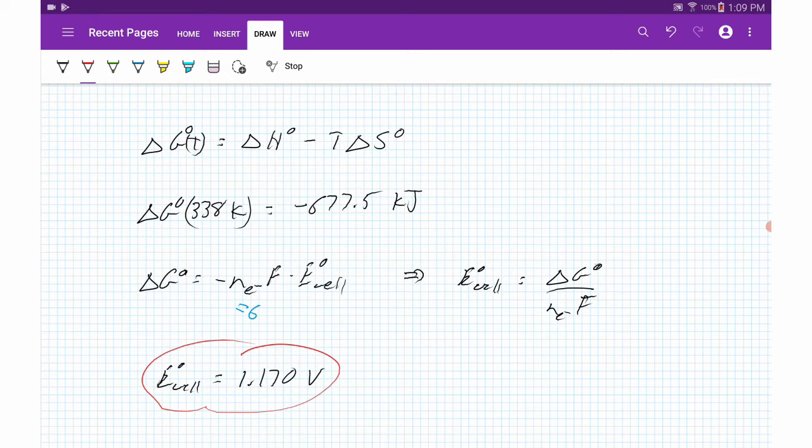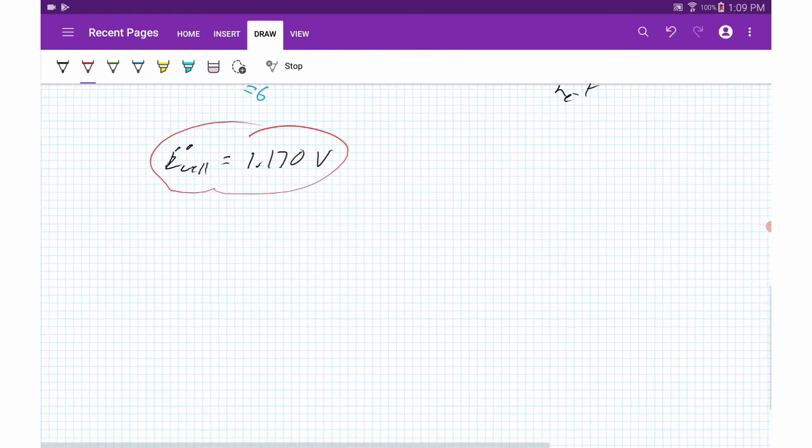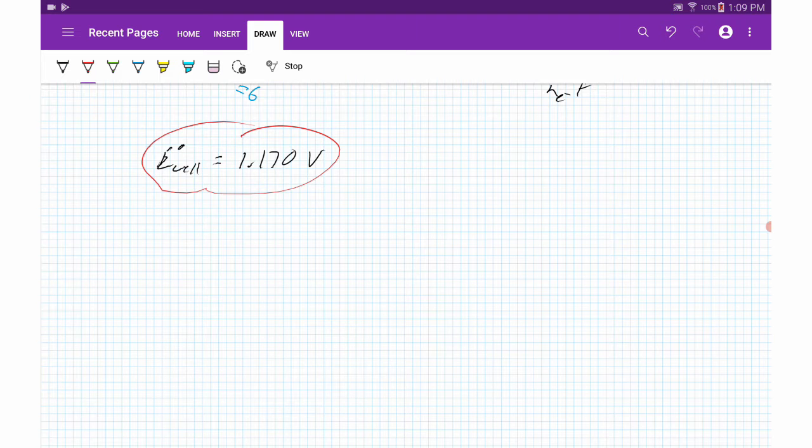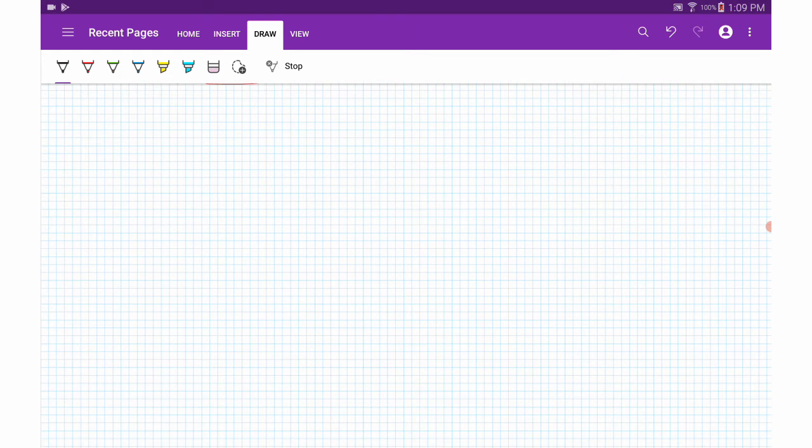That was part A. Part B says that this system is not reacting under standard conditions. We are reacting under non-standard conditions. So to calculate the cell potential under non-standard conditions, we need to use the Nernst equation.